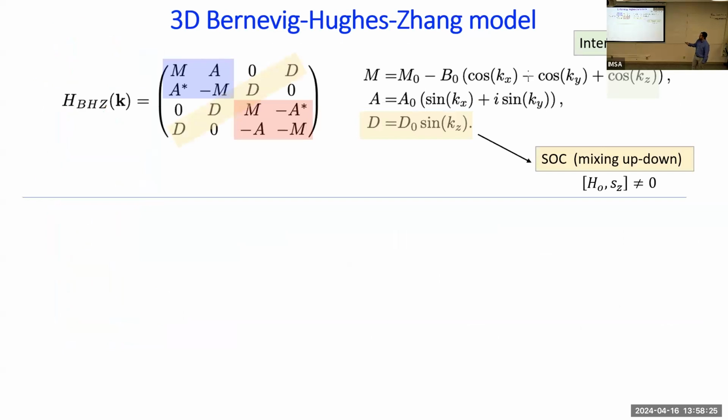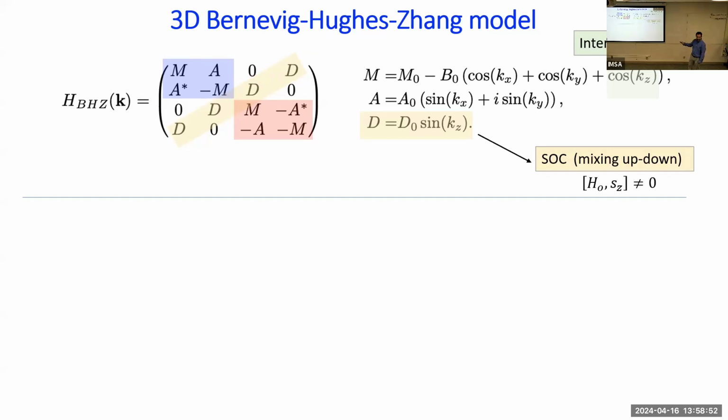We can use this 3D version of the BHZ model. We have our M parameter, that is the on-site staggered parameter, and we have the second neighbor interaction. And we now include the C component in this parameter. We have our A, that is the neighbor interaction, and we include the D parameter, the D interaction.